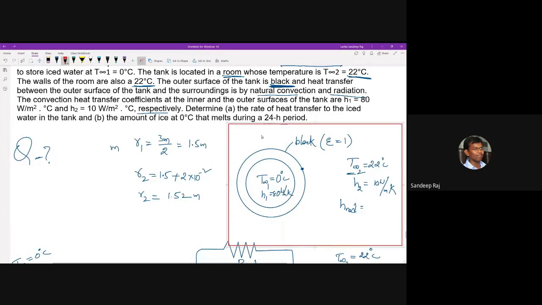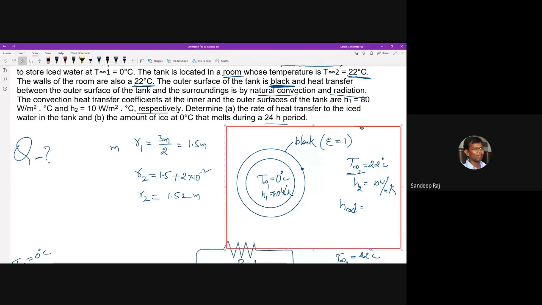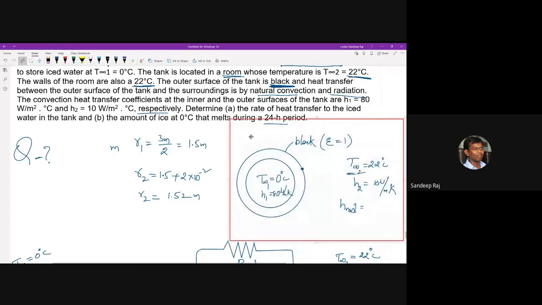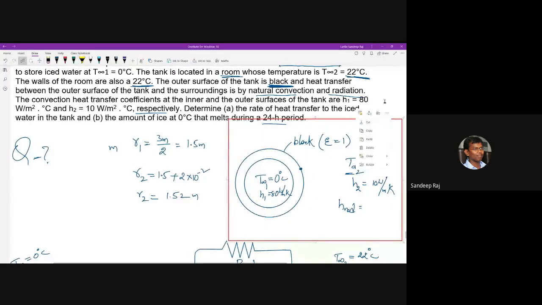In that room, the temperature is 22 degrees centigrade. That's what he means. Okay, I understood it differently.